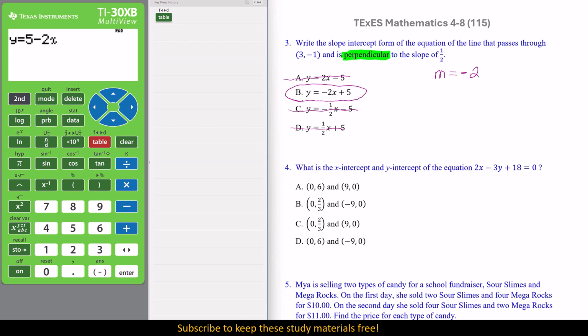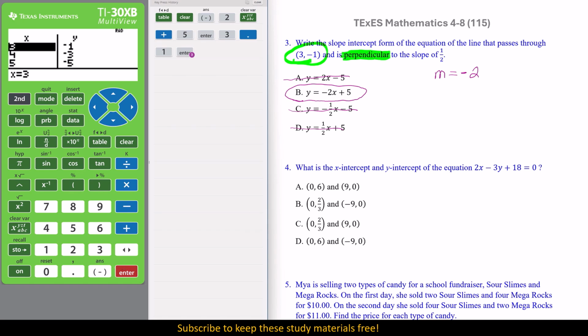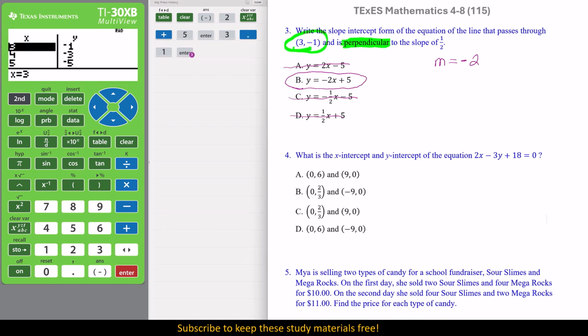Okay, so go to table, clear out what we have, and I have negative 2x plus 5. Now I push enter, and I am checking to see if we have this point. Okay, so I need to start at 3, go up by steps of 1 because we have whole integers. And now let's just keep clicking, and it is verified. That's the very first row.